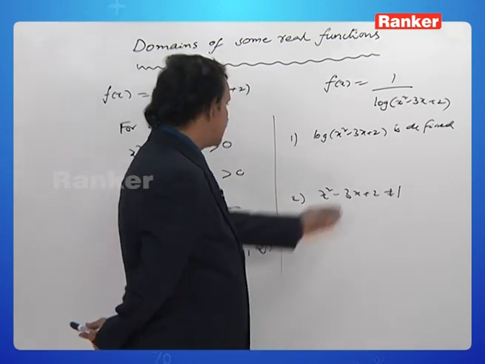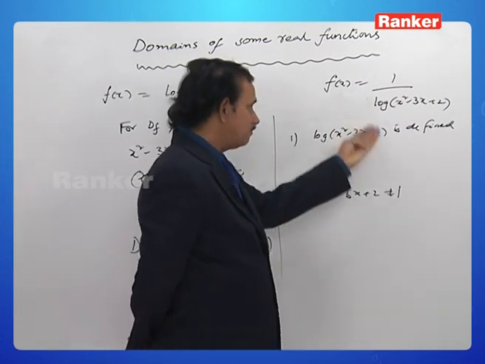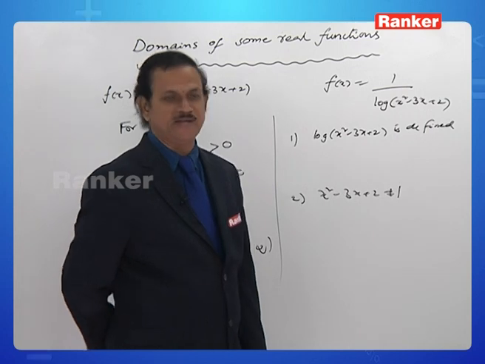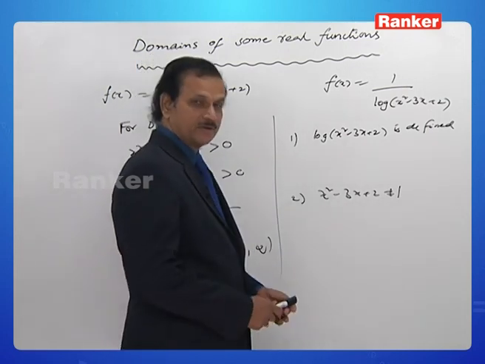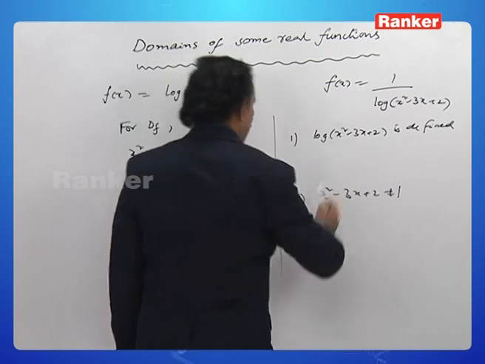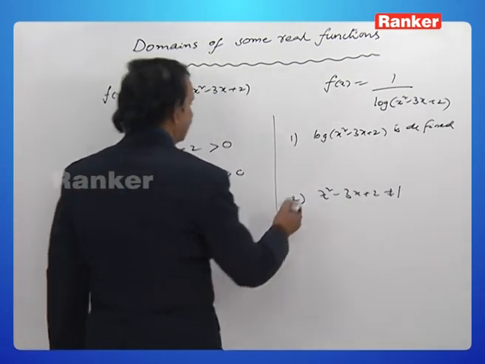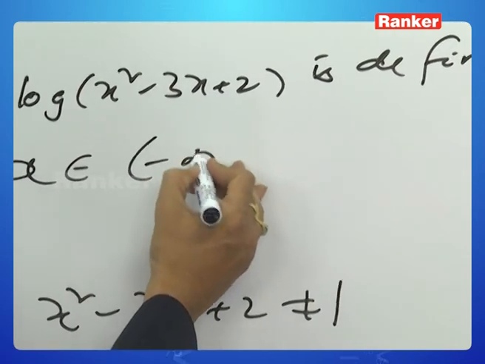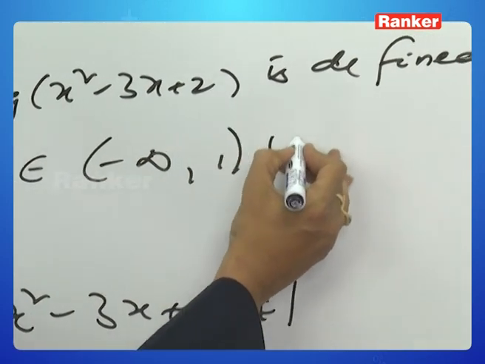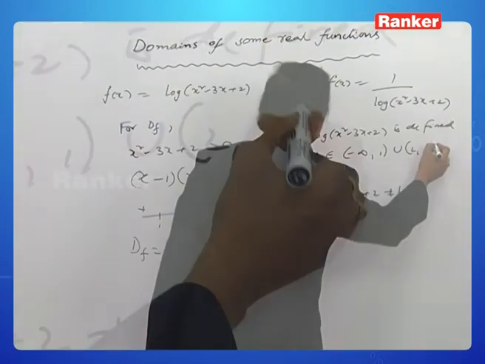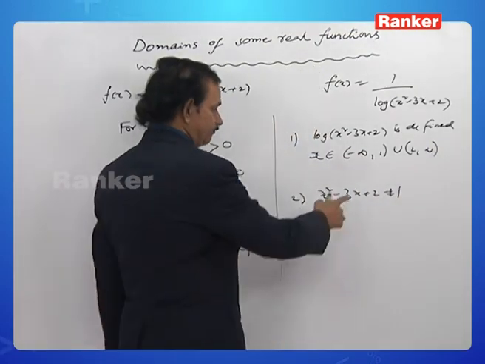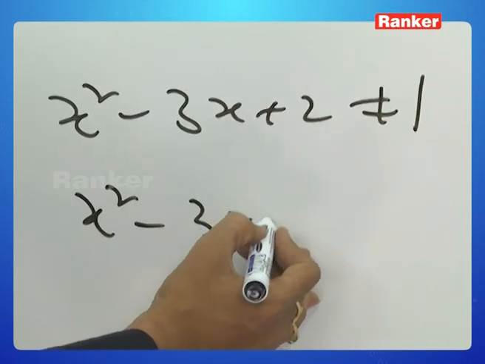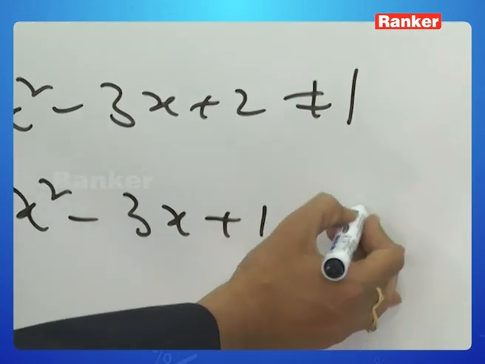Why? Because if at all this is 1, log 1 becomes 0. 1 by 0 is meaningless. 1 by 0 cannot be defined. Therefore, this is a second precautionary measure. For this, as we could discuss here, x belongs to open interval minus infinity to 1 union 2 to infinity. And for this to happen, x square minus 3x plus 1 not equal to 0.